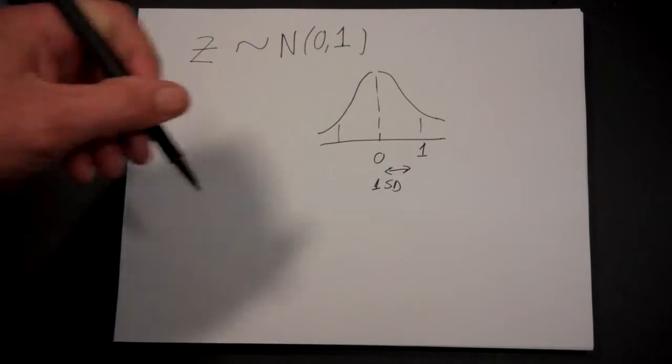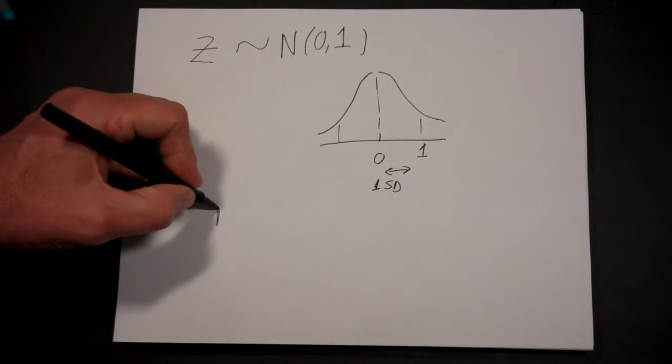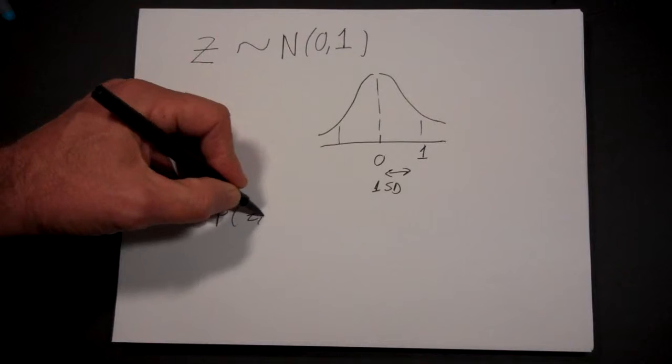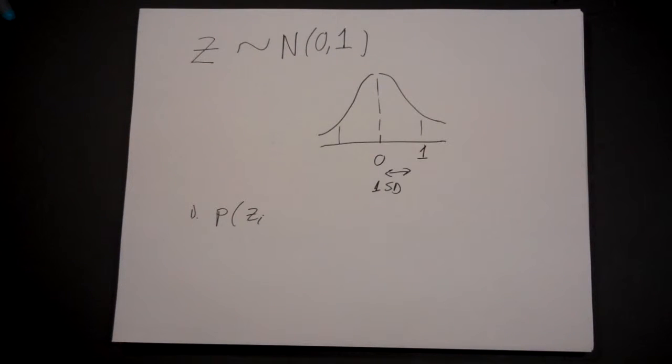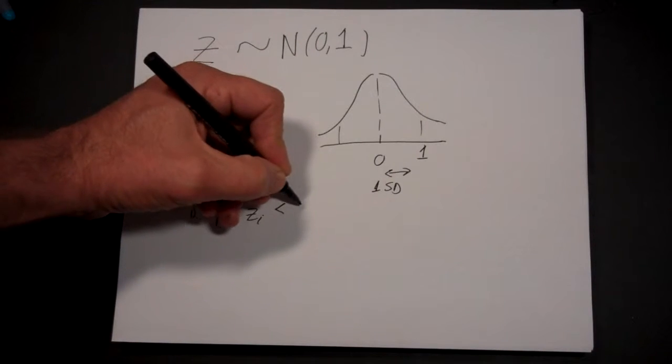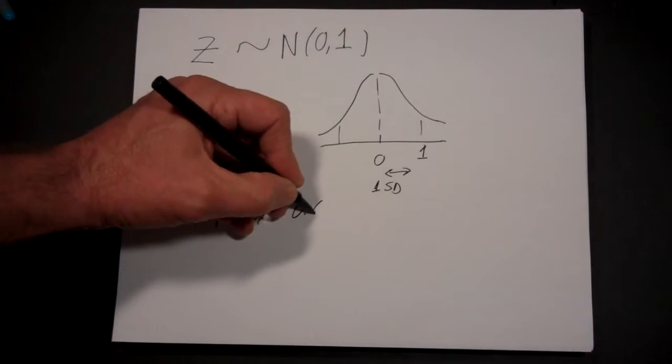So for this particular distribution, for example, we might find the probability that zi, that is any given value of z from the normal distribution chosen at random, is less than, say, 0.6.